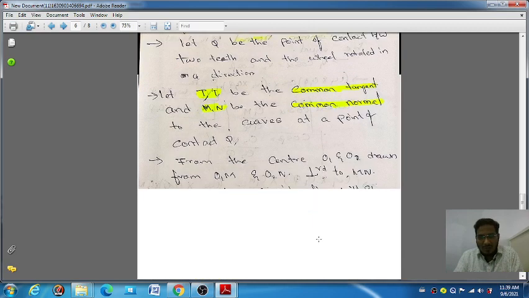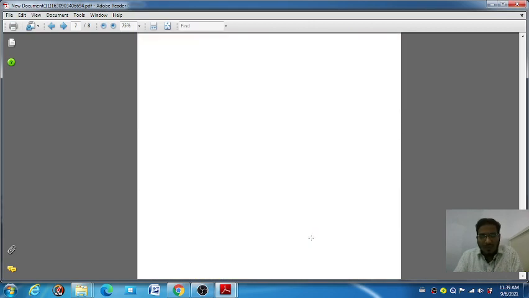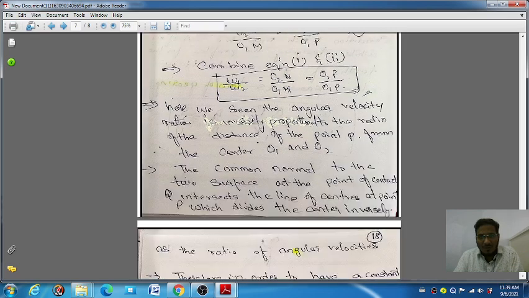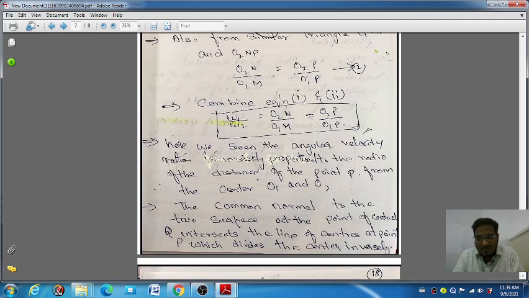Here we have to reciprocate due to the second equation in terms of O2N by O1M. Next O2P by O1P, where in the second equation the value of O2P by O1P is there.